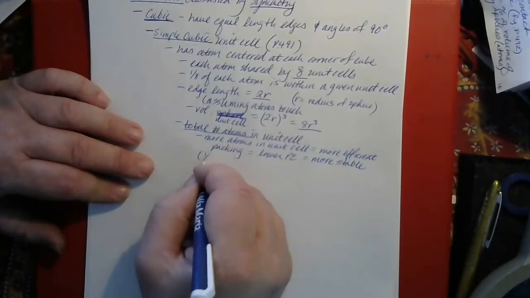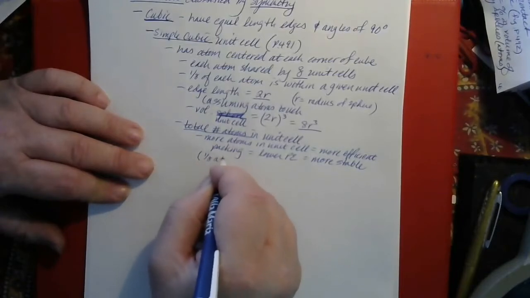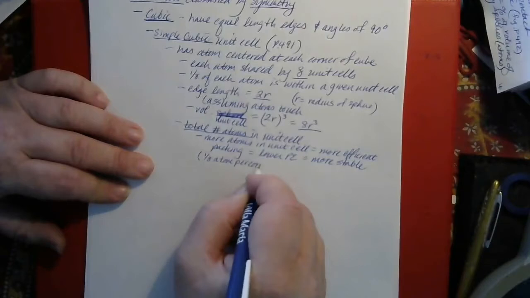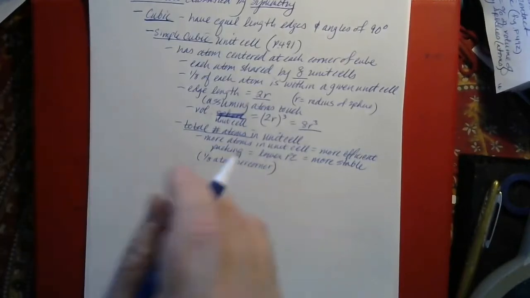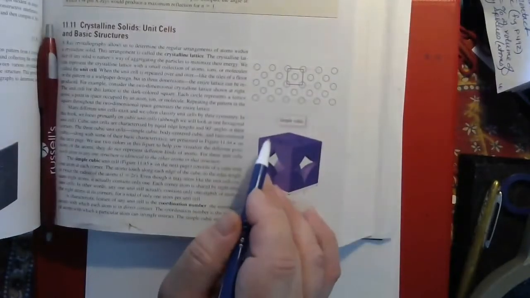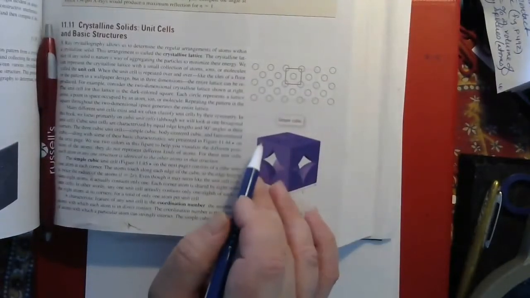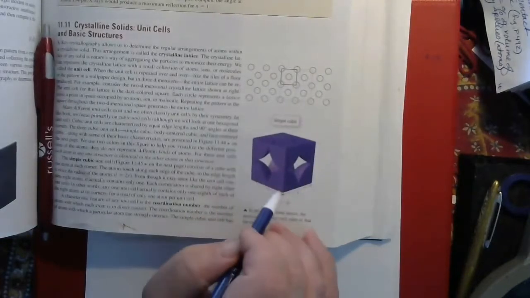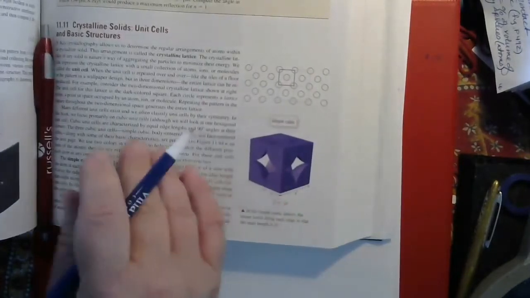So we have 1/8 of an atom per corner of the unit cell. So remember this structure here, 1/8 of an atom per corner, and a cube has 8 corners. 1, 2, 3, 4, 5, 6, 7, and then the one in the back, 8.